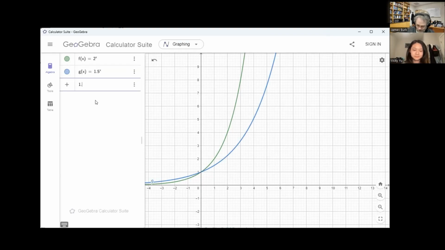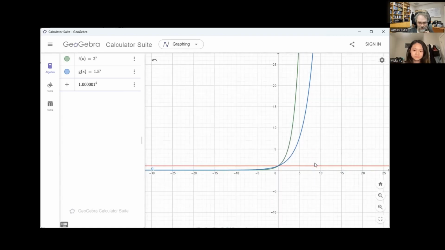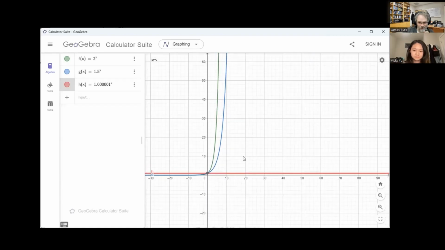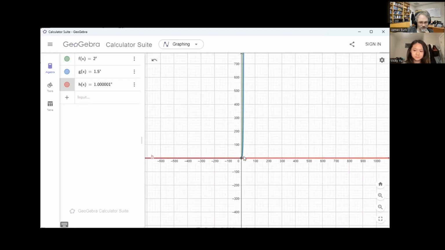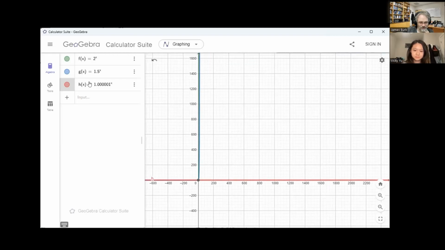And if I looked at 1.00001 and power that up, look what's happening. It doesn't seem like much, but I have to really zoom out. Eventually, if I keep zooming out, I'll see that this thing's going to take off. Let me take a few more zeros out and see if that gets us there a little faster.